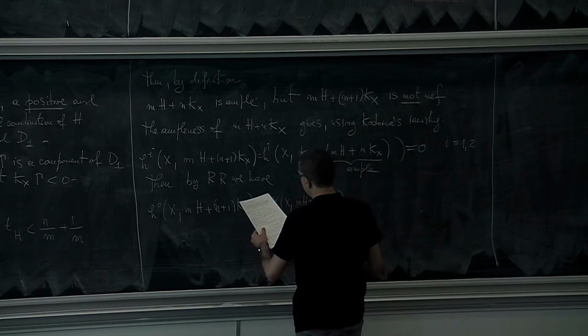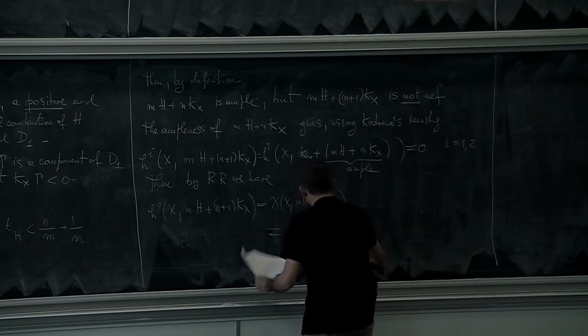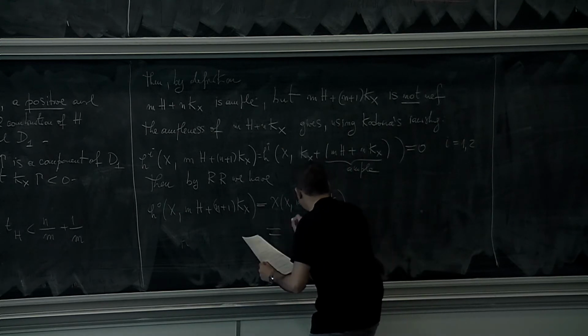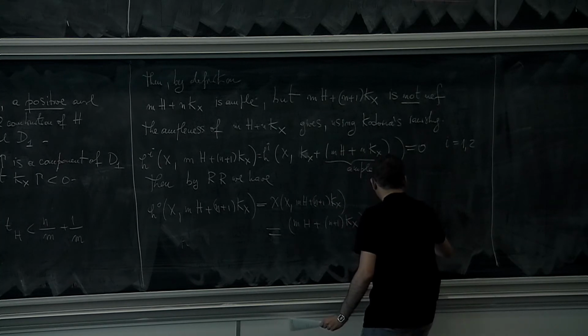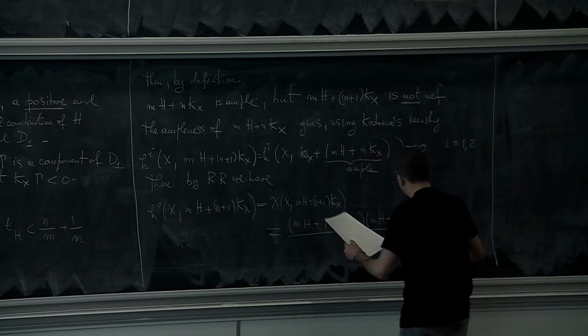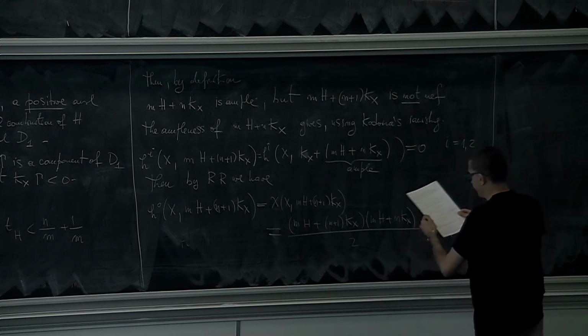And this is, in this case, do the computation, (mH + (n+1)KX)·(mH + nKX) divided by 2 plus chi(OX). Okay.